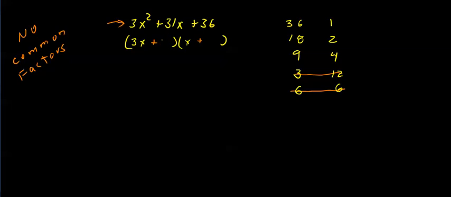But I could put the 2 here and the 18 here. Check it. 3 times 18, 54x, plus 2 times x, 2x. That's too big. Doesn't work. So, erase those. Got a little carried away there with my eraser.